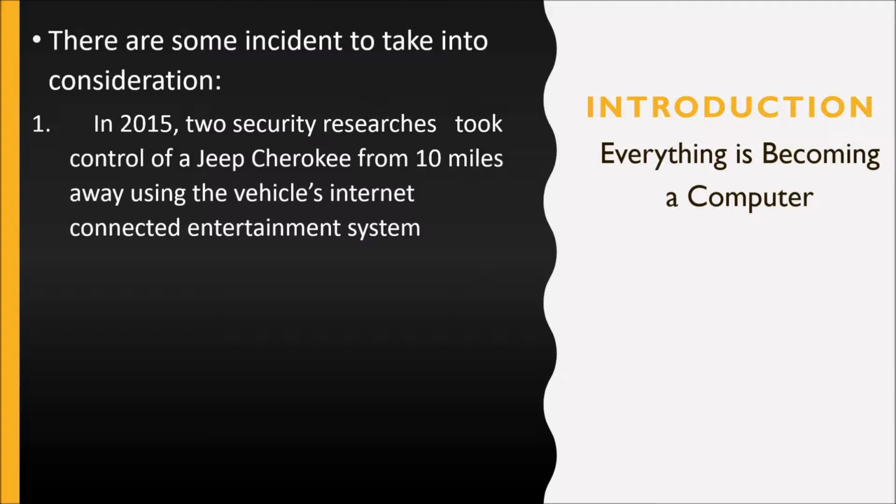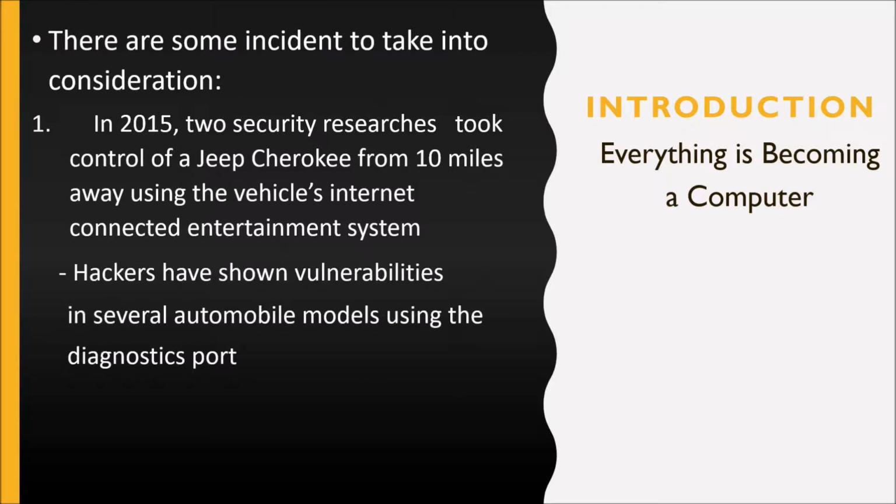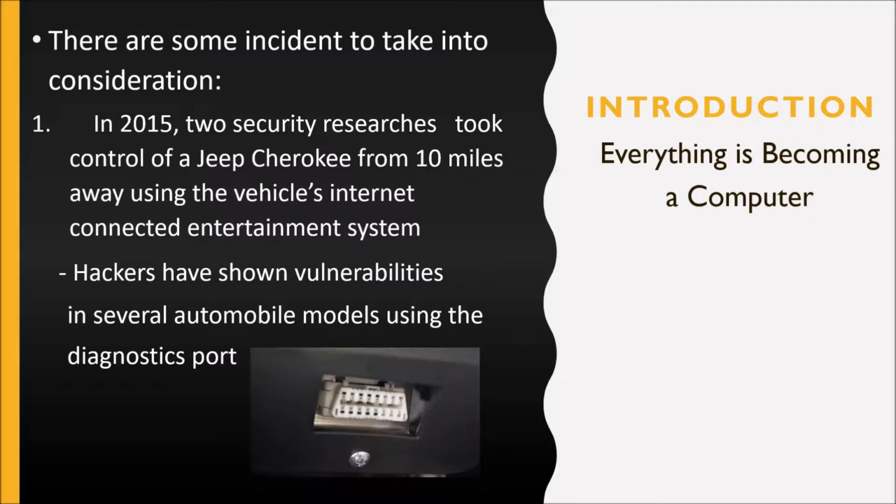And the way they did it is using the diagnostic port. So hackers have shown vulnerabilities in several automobile models using the diagnostic port. If you don't know what the diagnostic port is, it looks like this. I cannot say it is in 100% of the cars, but I know it's in at least 90% of the cars. In my case, this port is under my steering wheel, and on other models it's on the passenger side next to the door normally.